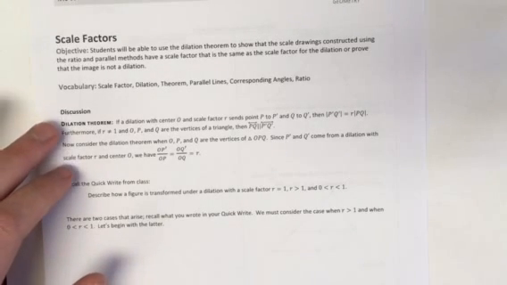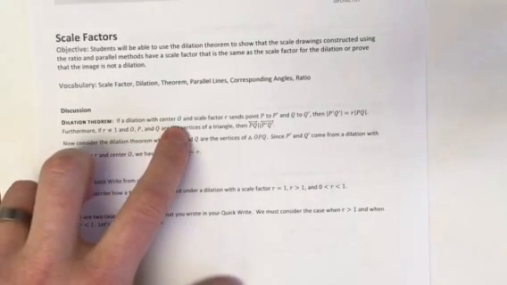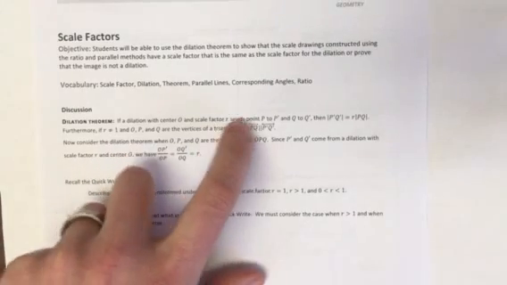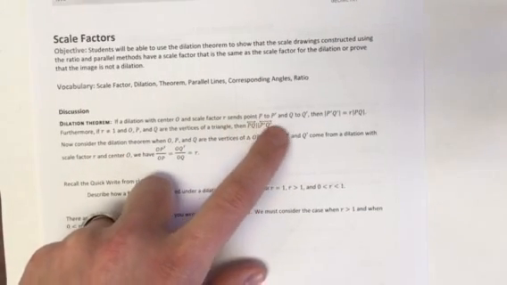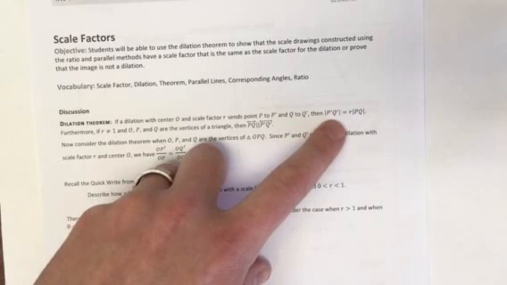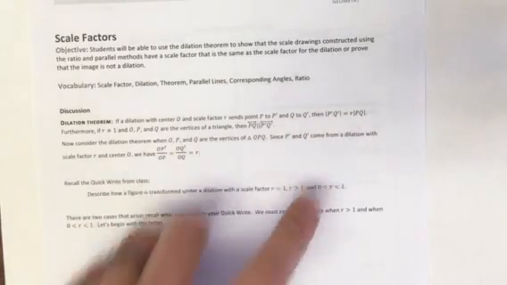In the dilation theorem, if the dilation has a center at O and a scale factor of R, and we have the pre-image and image, P and P prime, and Q and Q prime, then the segment image is the scale factor times the pre-image.